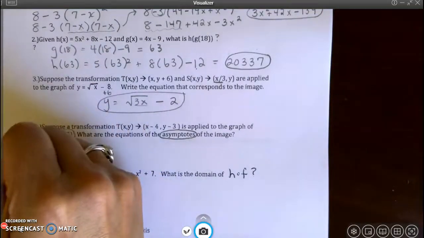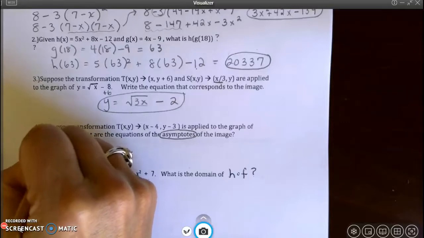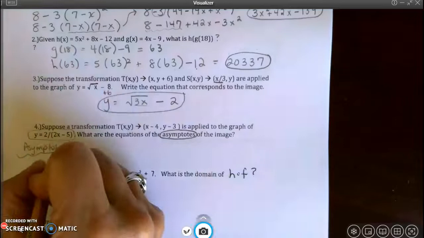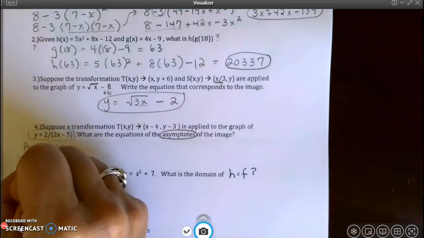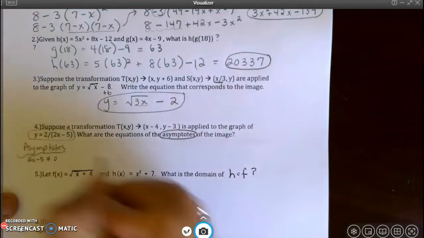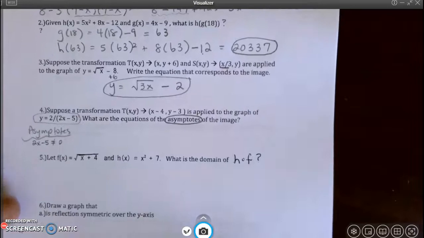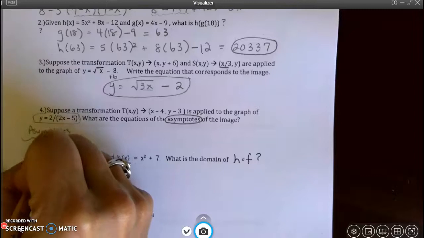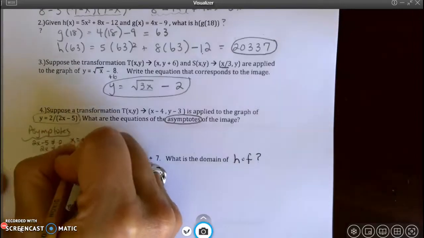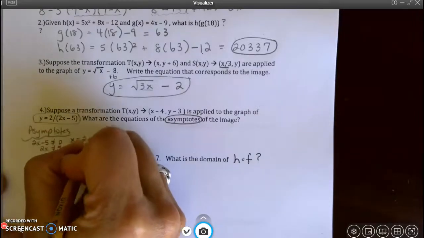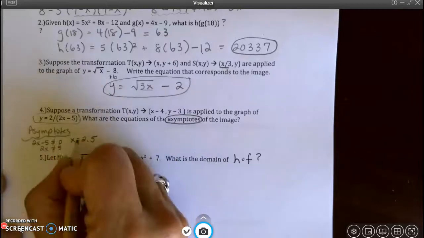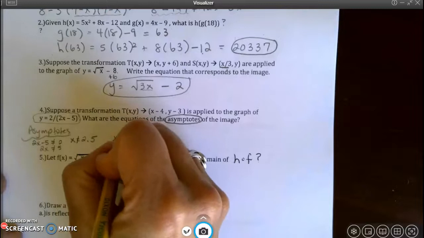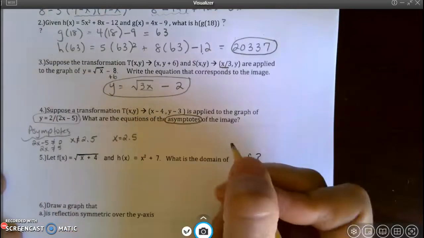My asymptotes that I start with are, let's see, 2x minus 5 cannot equal 0. You cannot divide by 0. So 2x cannot equal 5. X can't equal 5 divided by 2, which is 2.5. So since x can't equal 2.5, x equals 2.5 is an asymptote.